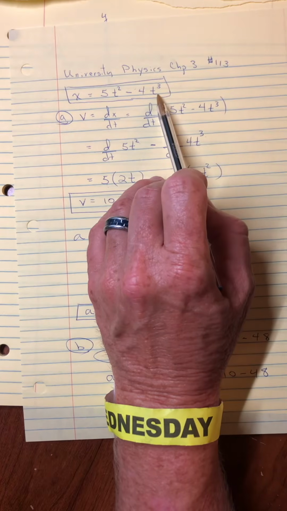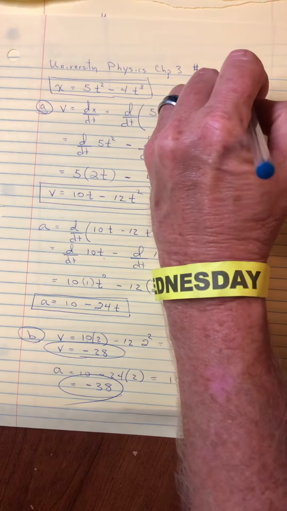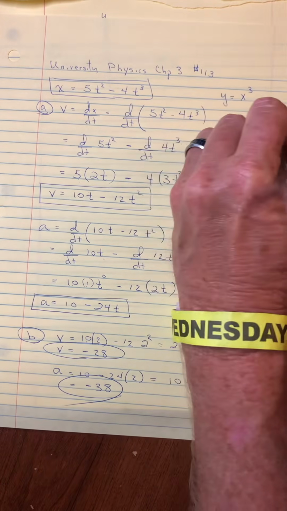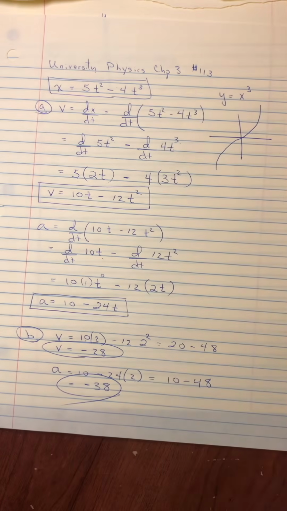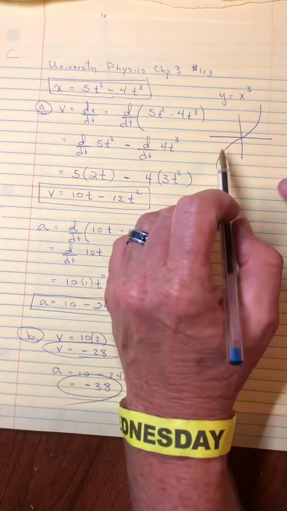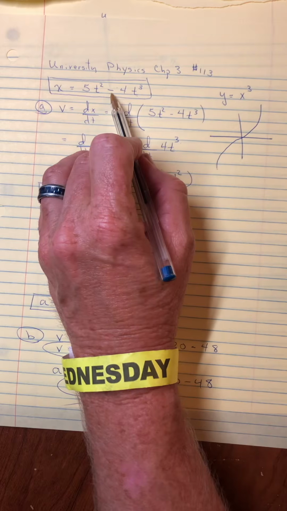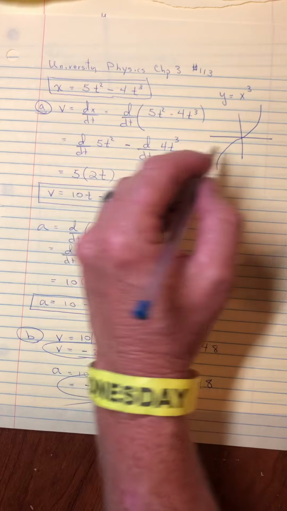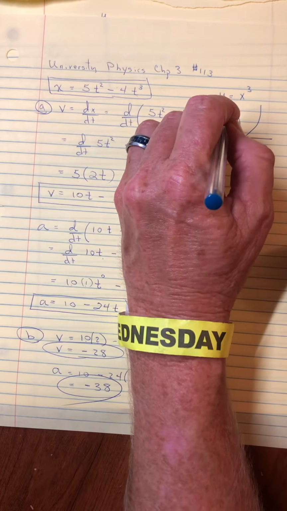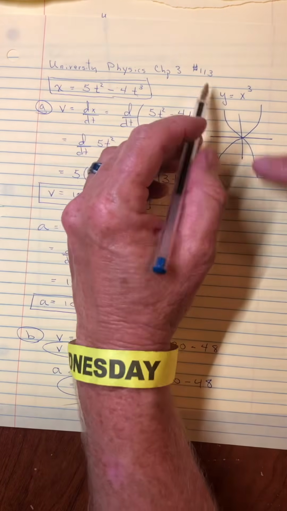So this dominates. And so if you remember a graph that is y equals x cubed would look something like this. Okay. And we have a cube, although we have it multiplied by a 4, and we also have a negative of it. So everything's going to be reversed. So reversing everything and multiplying by 4 would make it a little steeper because we're multiplied by 4 and switch it over.